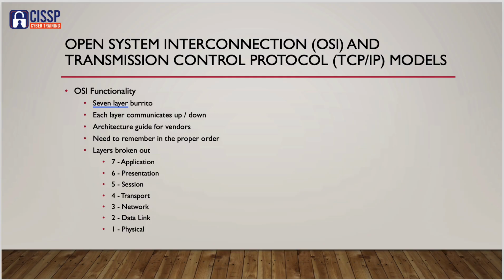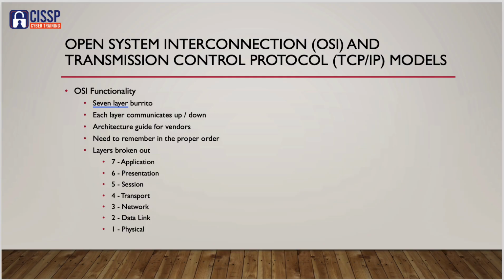So when you're dealing with the architecture guide, there was a piece of this that was created for the 7-layer burrito in the fact that it allows developers and architectural people to be able to create a product that then meets various levels of standards. So if you know that it's going to meet this standard, it's easier for you to develop a product to do that. And therefore they wanted to have some level of standardization around it.